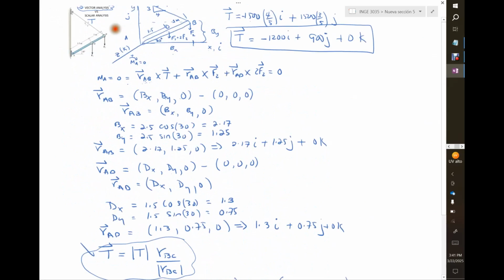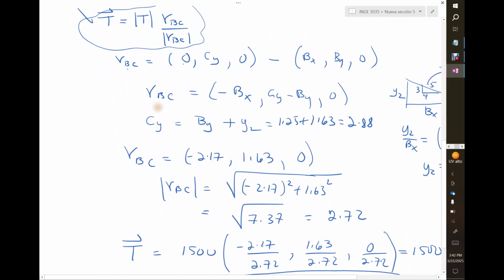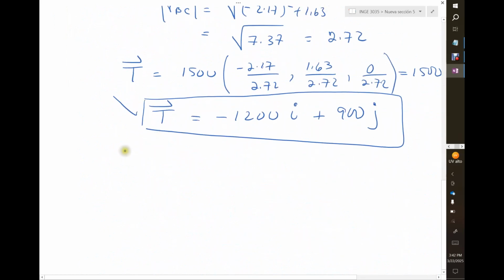Let's check on the math here. I need this arm times the tensor. I got that. I need this arm. I already have it times F2. Oh, I need F2, and I also need that vector. F2 in vector notation is equal to... That vector only has direction going down and a magnitude.